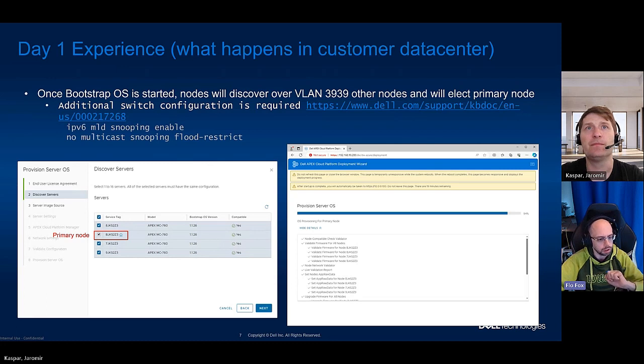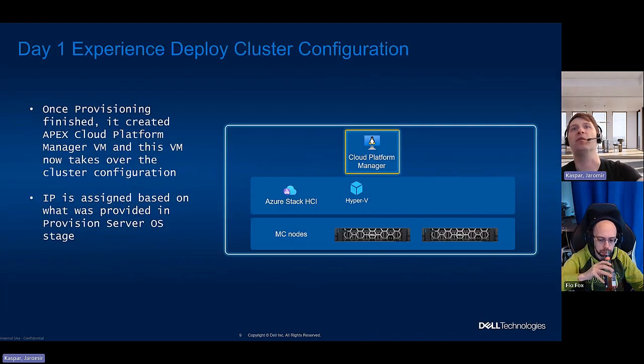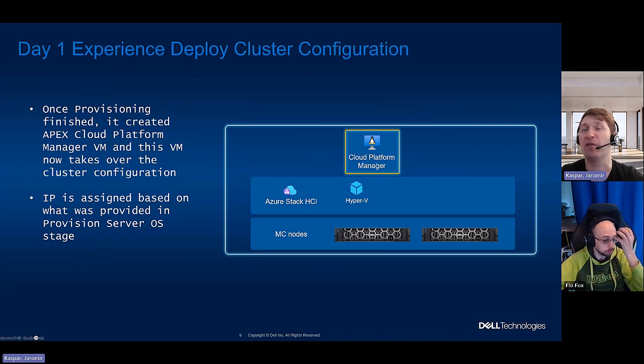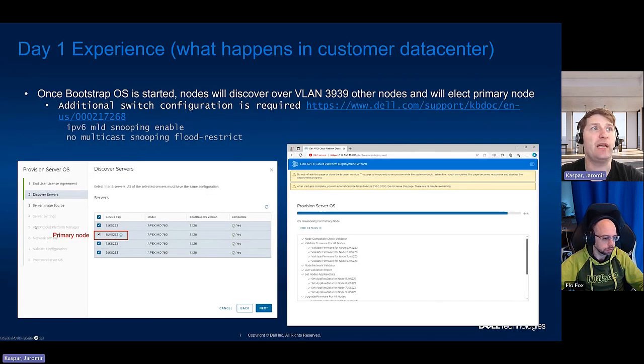Okay, understood. So how do we proceed then? What are the next steps? The next step is, again, the day one experience, and then you will just deploy the cluster configuration. If you know how the cloud deployment works, then this is what you specify in the cloud deployment. You already have your MC nodes, you already have your Azure Stack HCI operating system where Hyper-V is running, and it's running the Cloud Platform Manager virtual machine with the IP address that you specified here as the APEX Cloud Platform Manager.